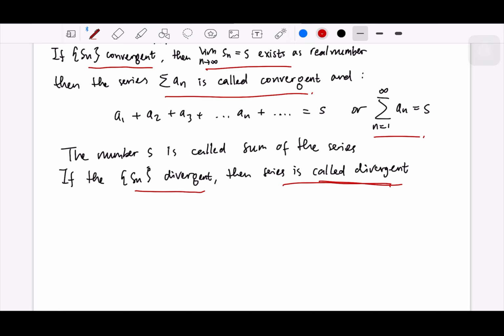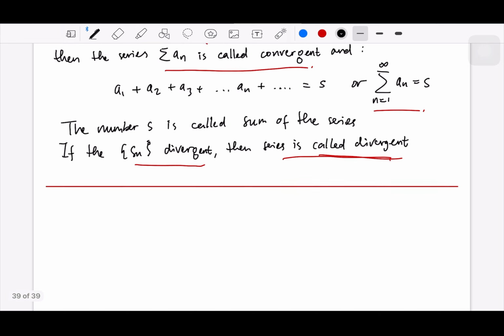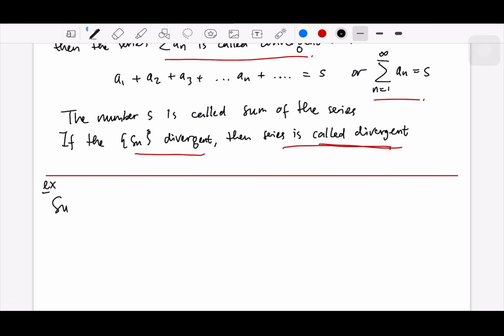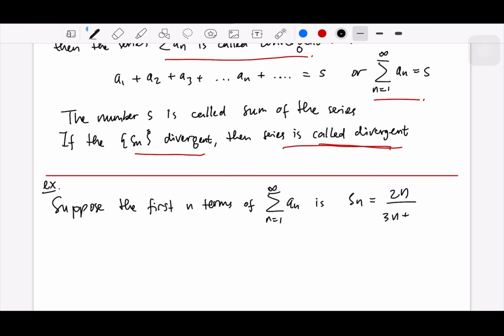Okay, now suppose, for example, suppose the first n terms of the series is Sn equal to n divided by 3n plus 5.